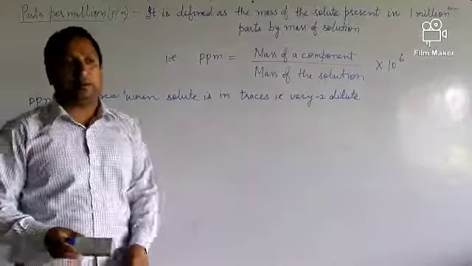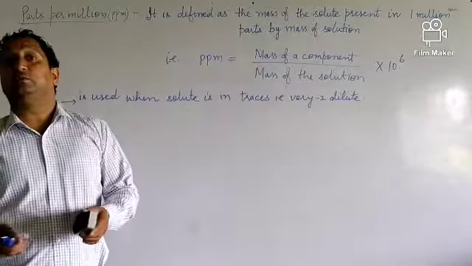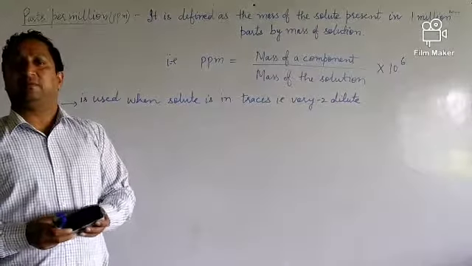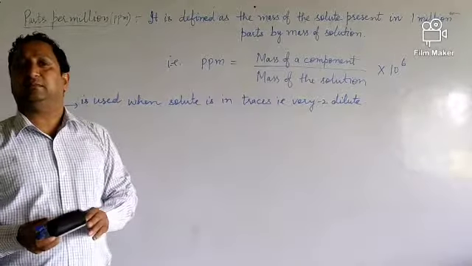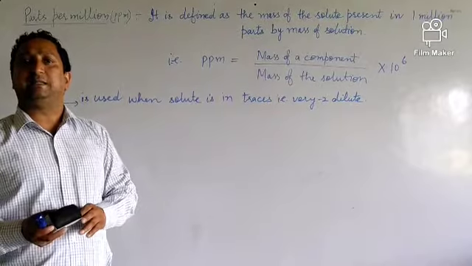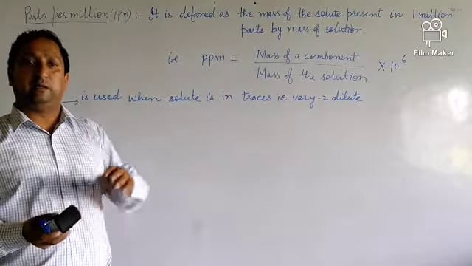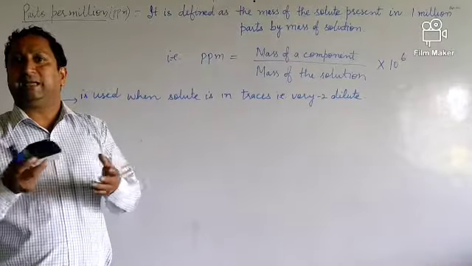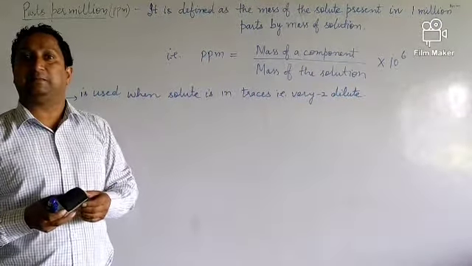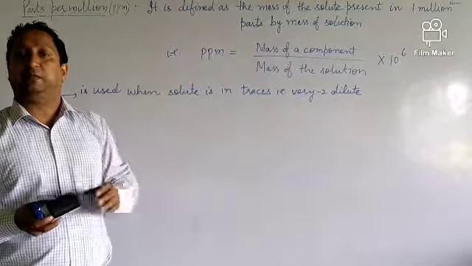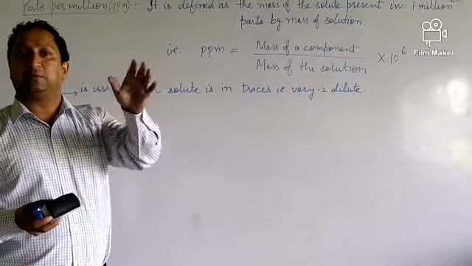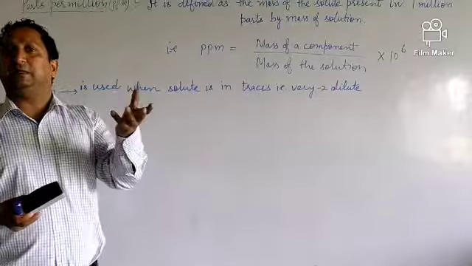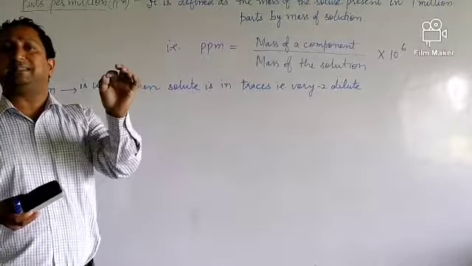Okay. Now, question arises that where do we use the ppms? You must have listened that while measuring the pollution, we used to say that nitrogen dioxide gas or sulfur dioxide gas is present in that much of ppm. The CO is present in that much of ppm. So it is used where it is very in traces.